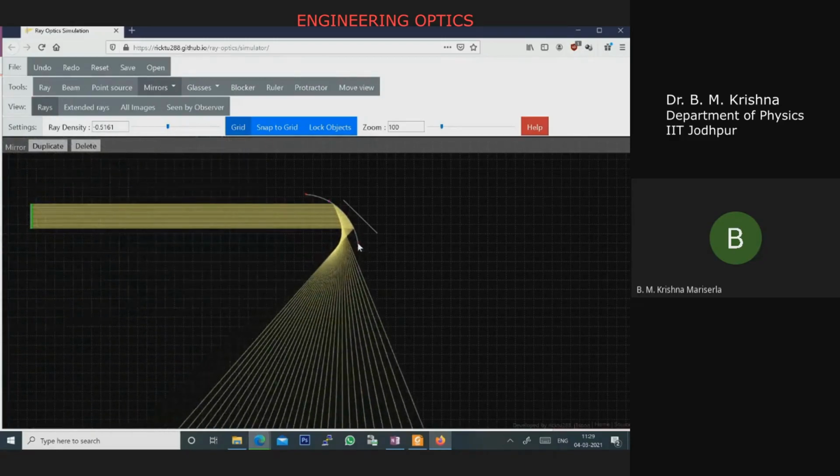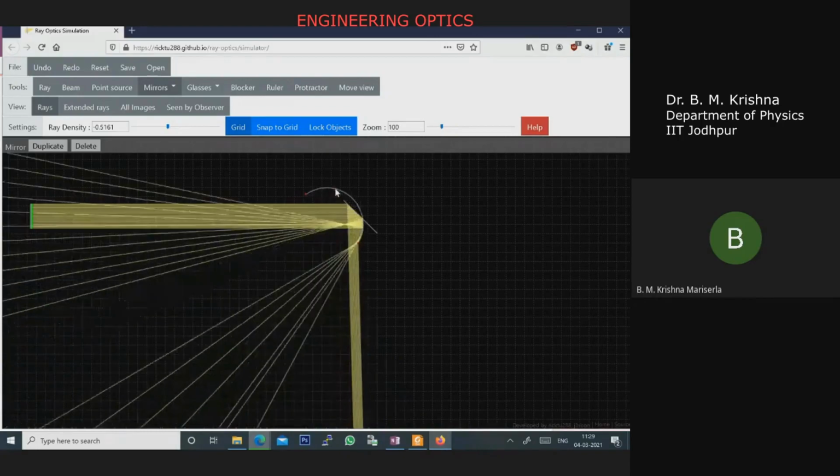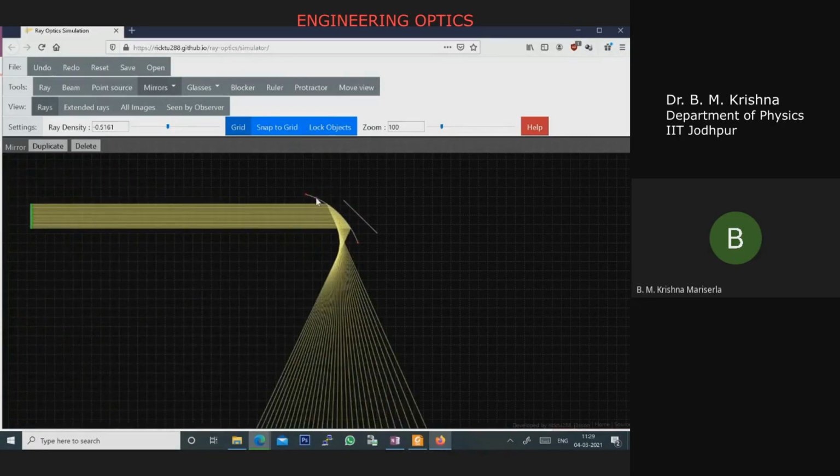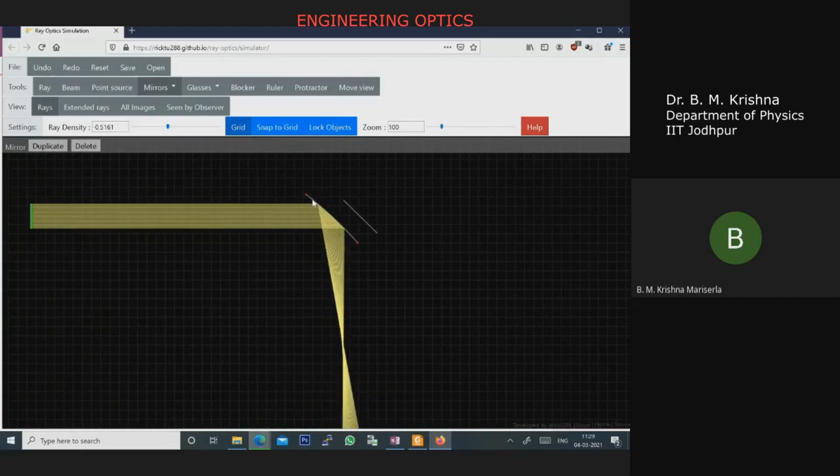Or if you use it like this, you can see rays of light coming like this, and the focusing of the mirror is here and again defocusing. Okay, so that focusing position you can control with the shape. You can see the focusing position is changing with the curvature of your mirror.